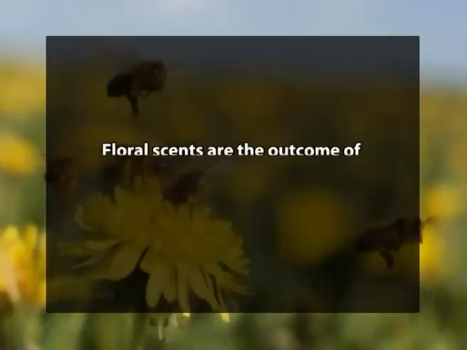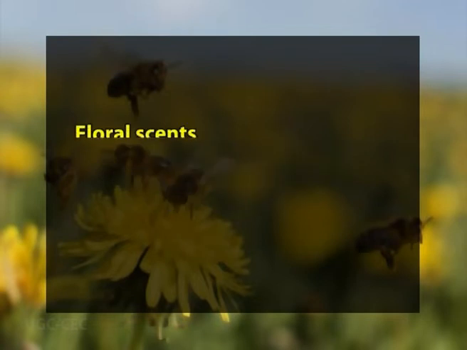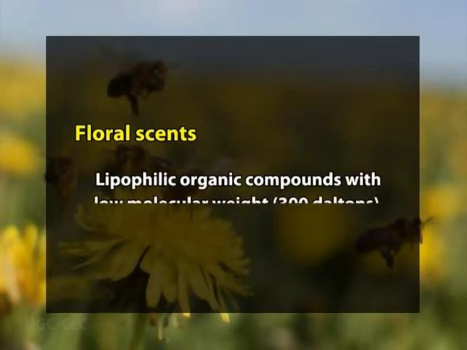Flower fragrance or floral scents are basically the outcome of synthesis of volatile essential organic compounds. These scents are typically lipophilic organic compounds with low molecular weight and are able to pass through the membranes and diffuse into the atmosphere readily.